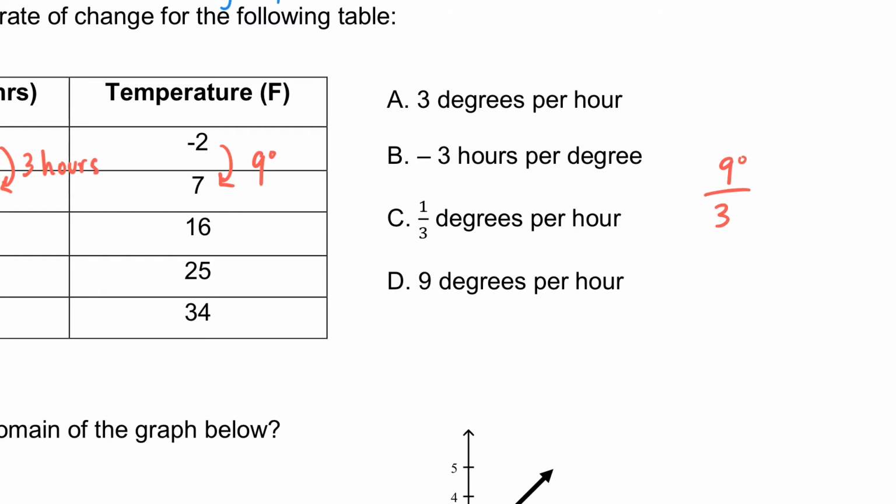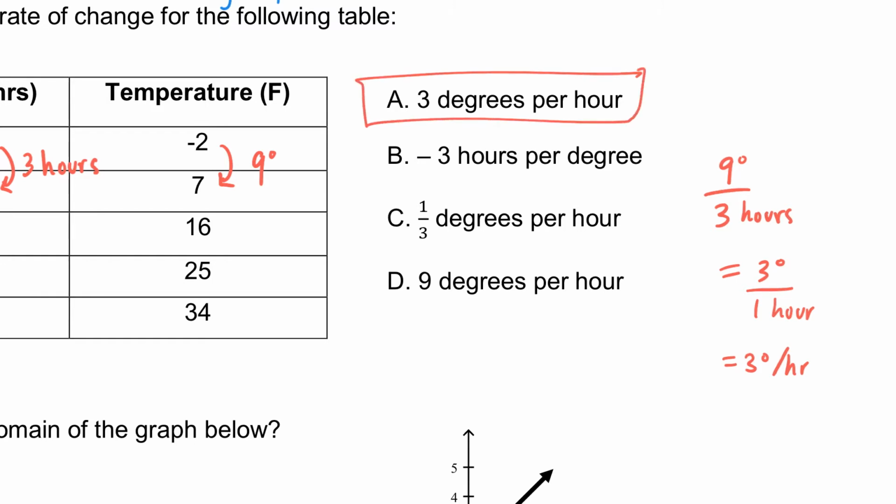So 9 degrees over 3 hours works out to be equal to 3 degrees every 1 hour. So we call this 3 degrees per hour. And we write it like that. I don't know if you guys ever thought about this, but the per just means divide. So 3 degrees divided by 1 hour. That's the rate of change there.